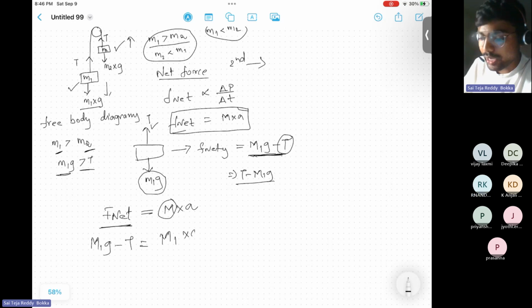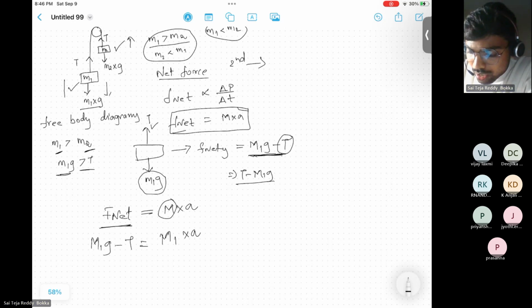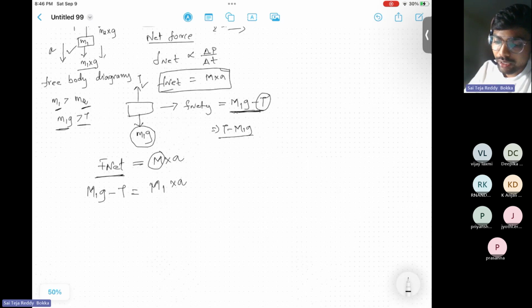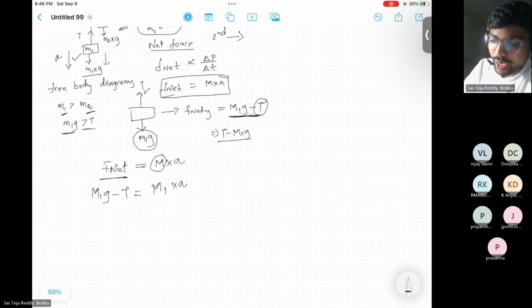M1 into A. So here the consideration is the acceleration of M1 will be equal to the acceleration of M2. అంటే మనకి M1 అనేది ఎంతైతే యాక్సిలరేషన్ తోని డౌన్వర్డ్ డైరెక్షన్ లో మూవ్ అవుతుందో, M2 అనేది సేమ్ యాక్సిలరేషన్ తో అప్వర్డ్ డైరెక్షన్ లో మూవ్ అవుతుంది. Okay.